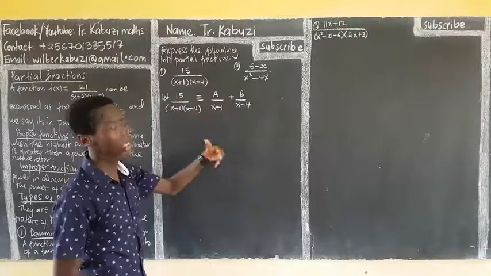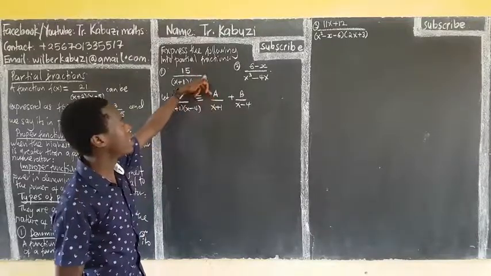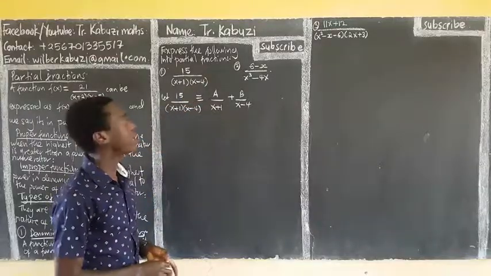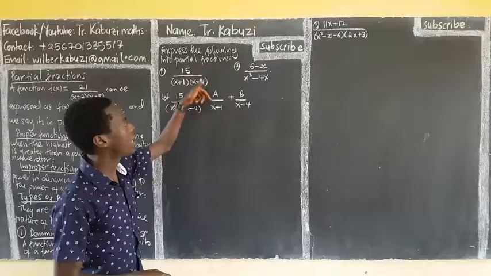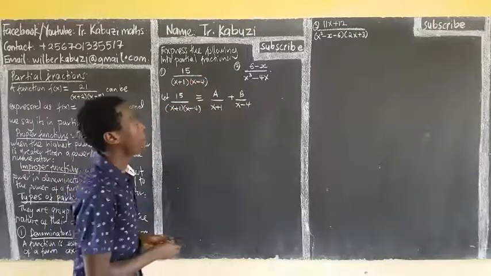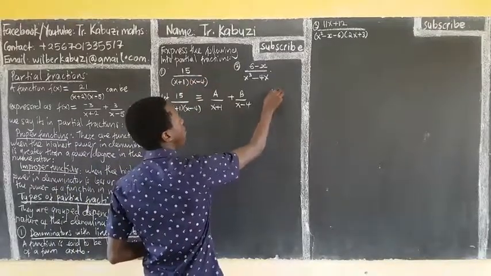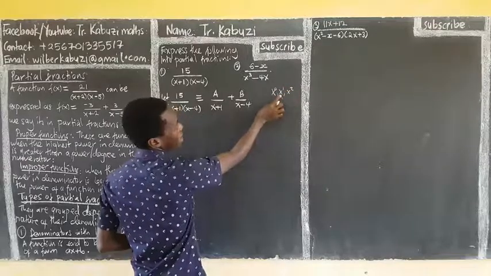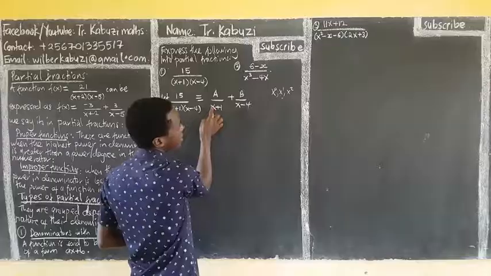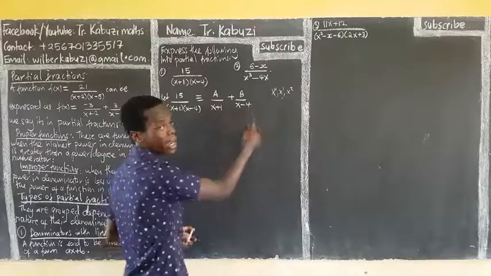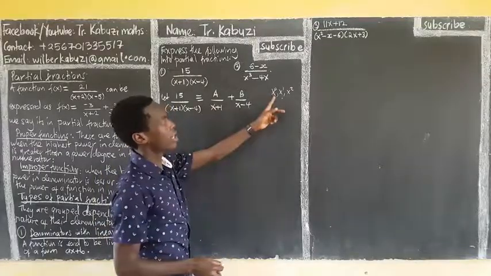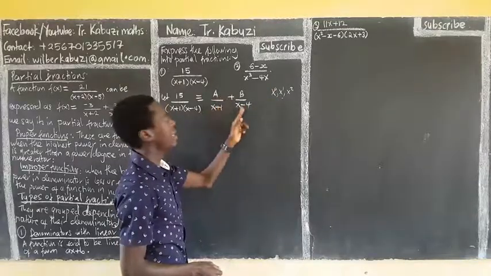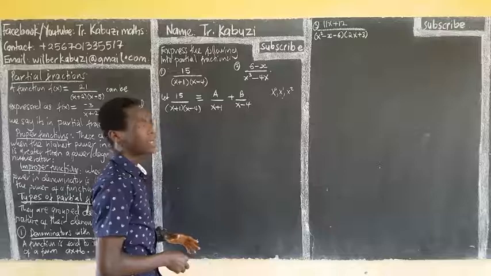So always the numerator should be of power less than that of the denominator. That's why you see, whenever it's linear, this one is a constant. Why? Because you have x power 0, x power 1, x power 2. So if the denominator has x power 1, it means that the numerator is one power less. That's why you get x power 0, which is a constant in simple terms. This one is also a constant.